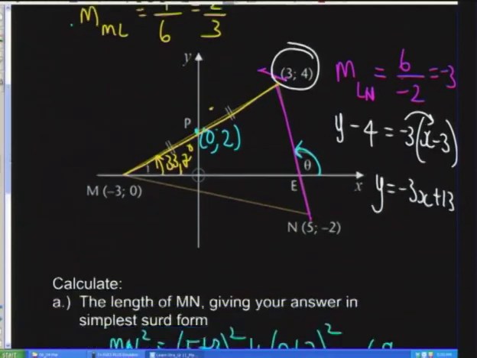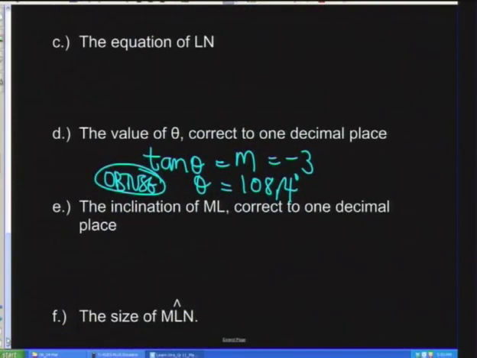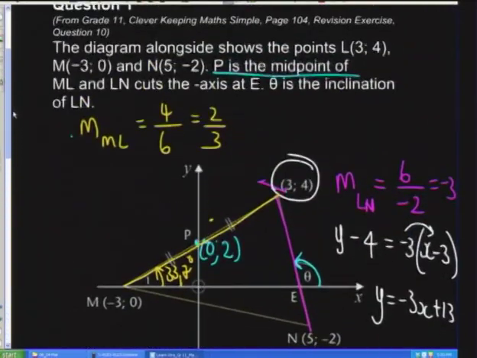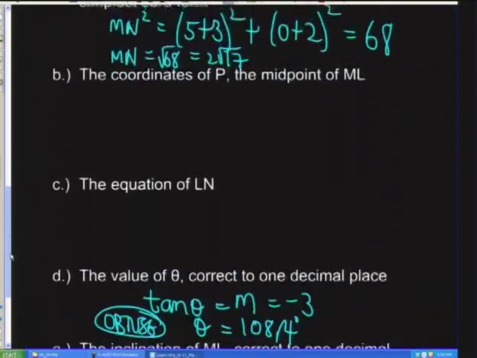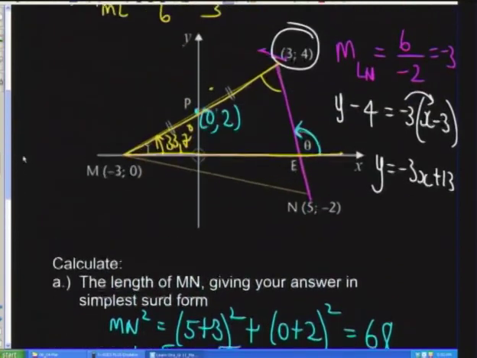And then finally, we can work with the size of angle MLN. So the size of MLN, okay, this does not lie on the x-axis, but notice very carefully, if we look around, we did work this out earlier as 108,4.